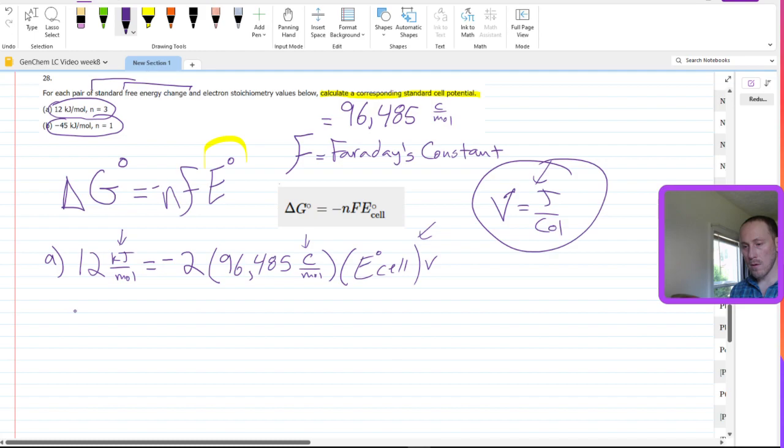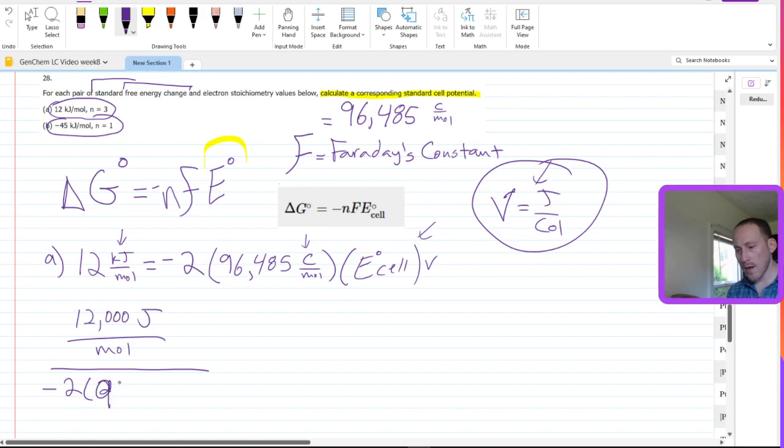So I'm going to put my kilojoules into joules right now. So 12,000 joules per mole divided by negative 2 times 96,485 coulombs per mole.